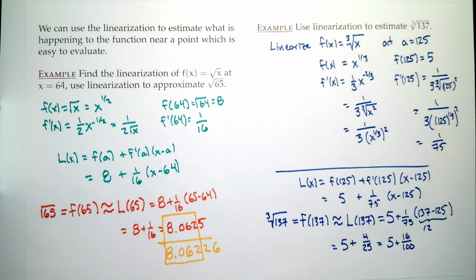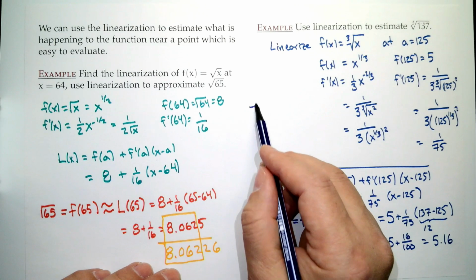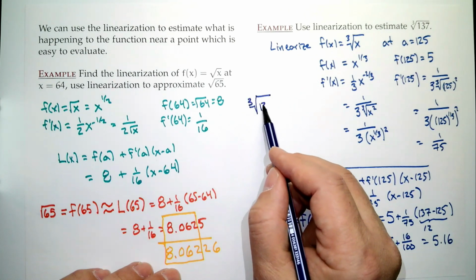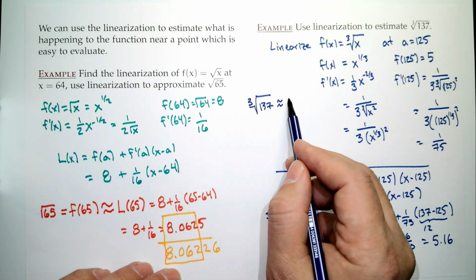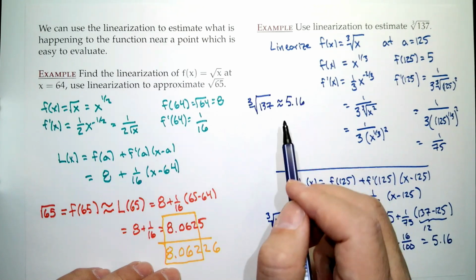You don't usually multiply by something, you divide out by something. But 16 over 100 is easy to convert to decimal. 5.16. Now, that's our guess. So we now have a guess. The cubed root of 137 we think should be about 5.16.